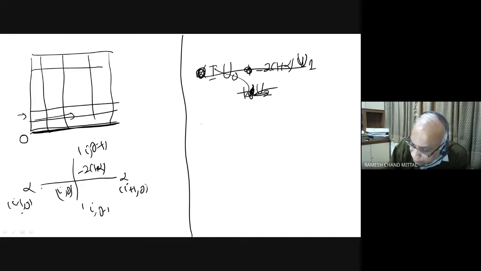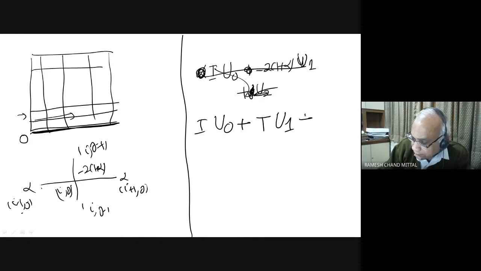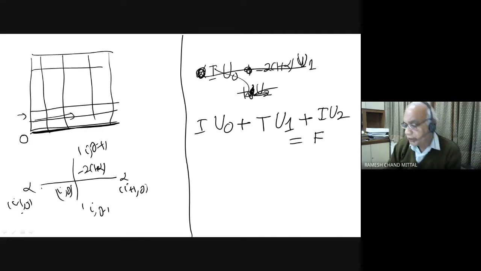So I have I into u0, plus you have a matrix T times u1, plus you have a matrix times u2, and you have the vector f of the right hand side.